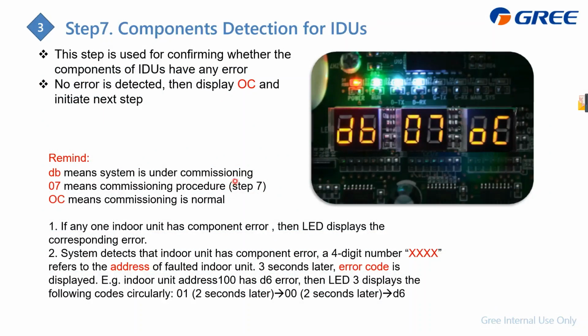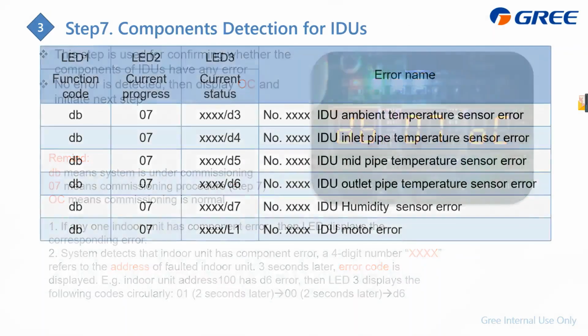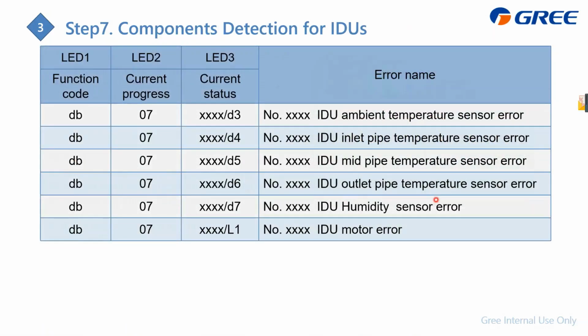And step 7 detects the indoor side, the components in the indoor side, also all the sensors, like the indoor unit ambient temperature sensor and the inlet pipe temperature sensor.